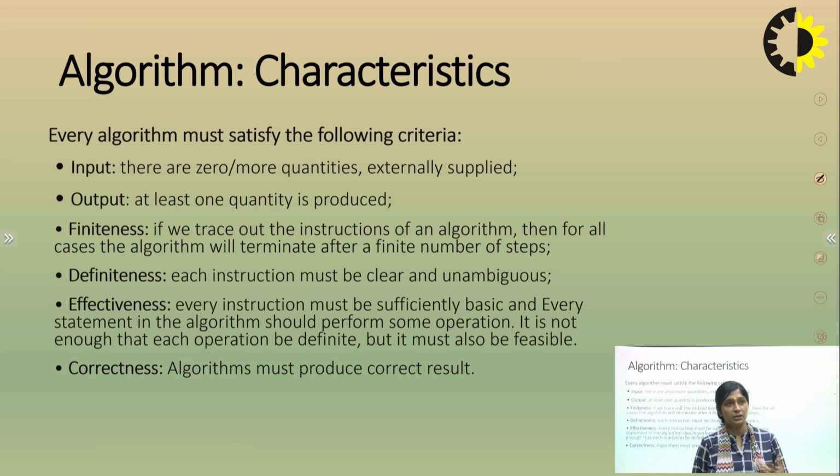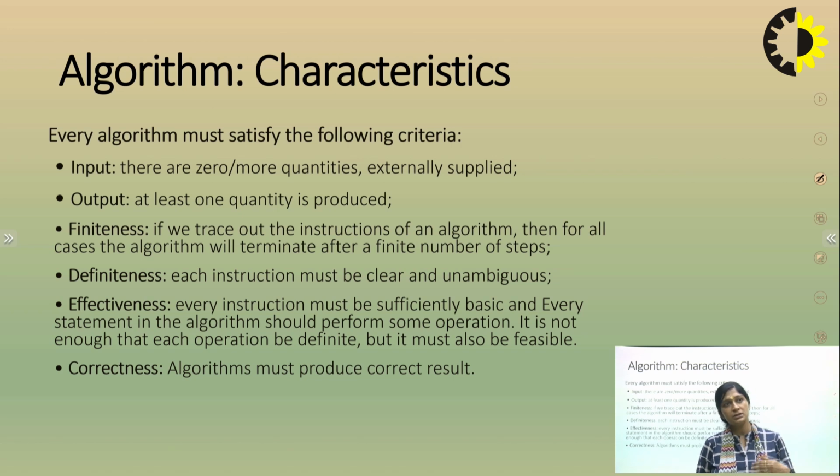If I take another example, suppose you are doing selection sort. In that case, you are taking the value of n equal to 5. It means you can write 5 numbers only. Means there is some input value, and you will get an output, sorted numbers.